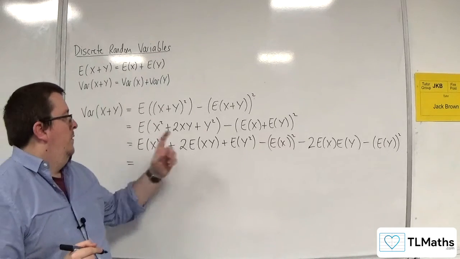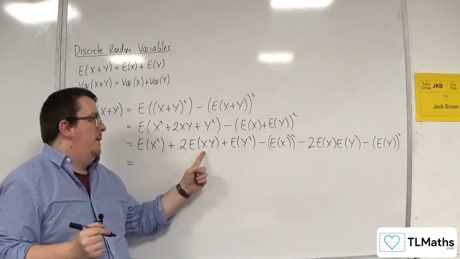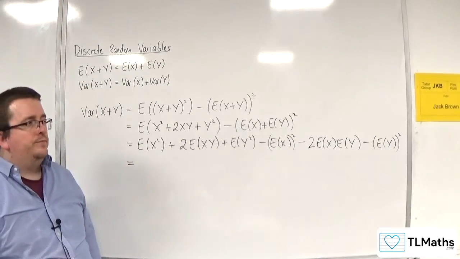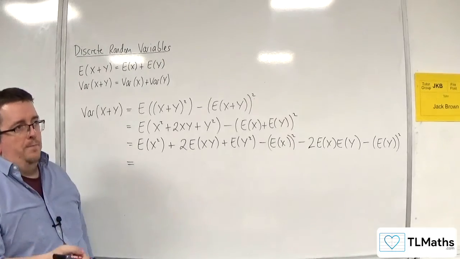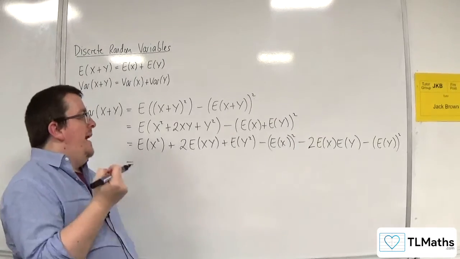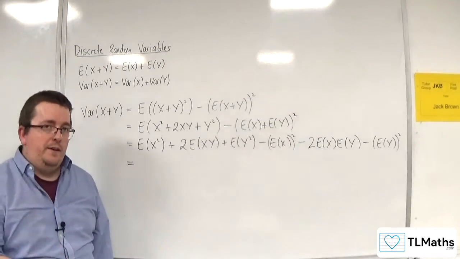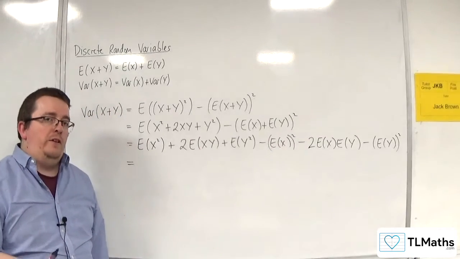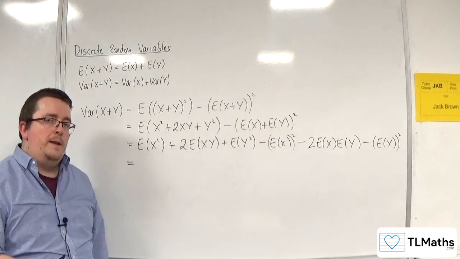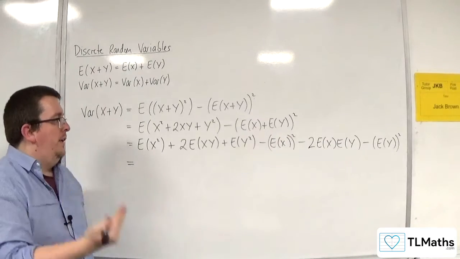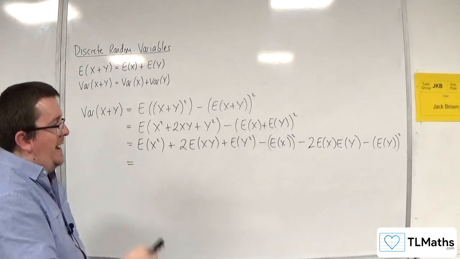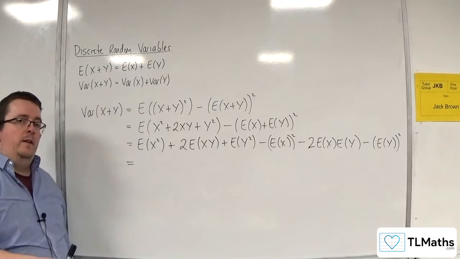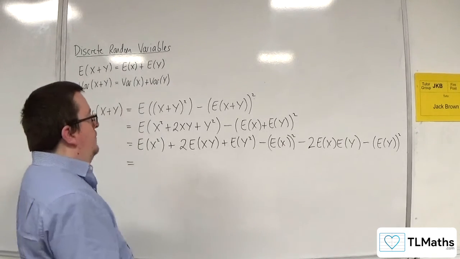Now, the bit that comes into question is here, E of xy. If x and y are independent, then E of xy is equal to E of x times E of y. So that is the case that brings in the independence, and why we need x and y to be independent in order for this to be true.